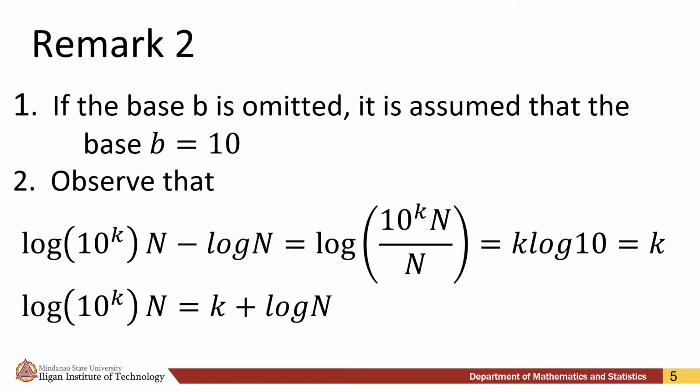But this can be rewritten as k times the logarithm of 10. But because the logarithm of 10, understood that it has a base 10 here, is equal to 1, then this is now equal to k. The logarithm of 10 to the k times n is also equal to k plus the logarithm of n.